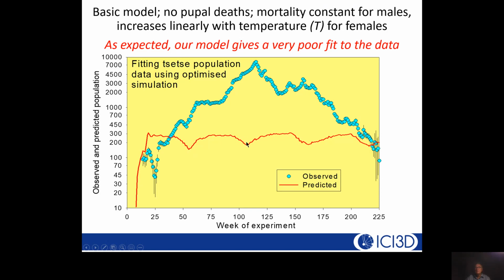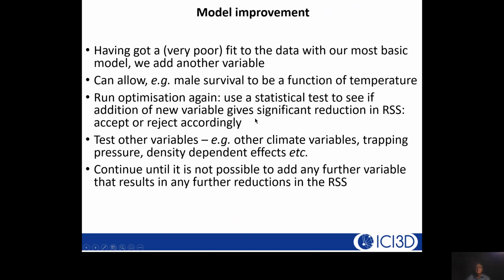And what the fitting routine says is, if that's the model you've got, I'm sorry, but this is the best I can do. So as expected, our model gives a very poor fit to the data.